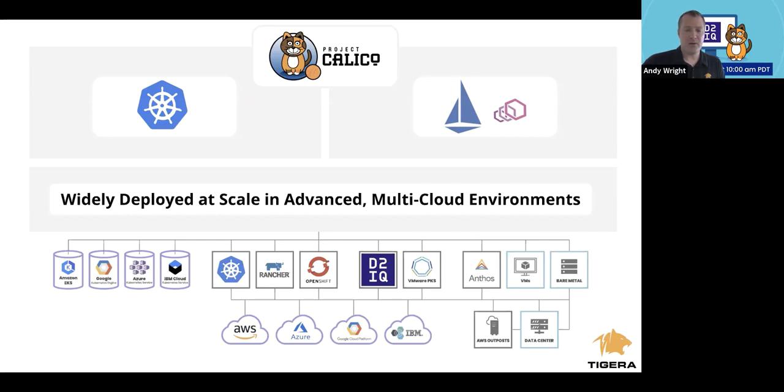So if you need to do things like BGP peering with top-of-rack switches and a variety of different use cases that really integrate your cluster with the enterprise, we work very, very well at the network layer. You can use our CNI in cloud providers as well. Many of the cloud providers do use their own networking, but what's differentiated on the clouds and across all environments is that Calico has what's called network policy.